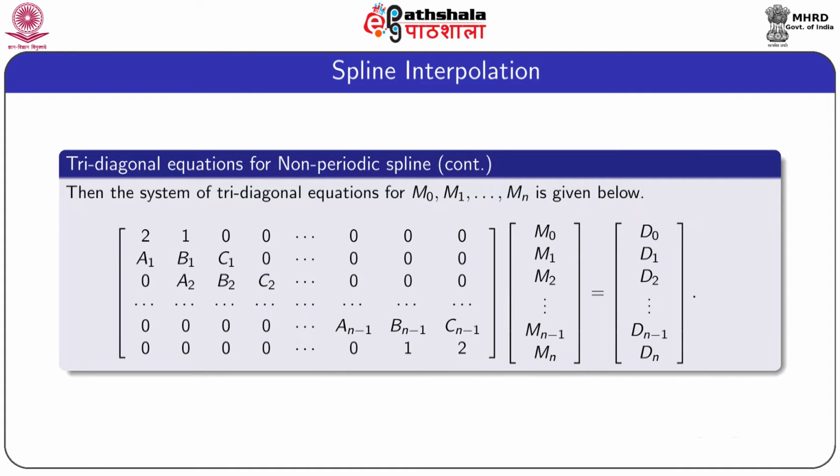So, for this case, the system of tridiagonal equations for the unknowns m0, m1 up to mn becomes this system of equations. Here the number of equations is n plus 1 and also the number of unknowns is n plus 1. So, we can solve this system of equations uniquely.